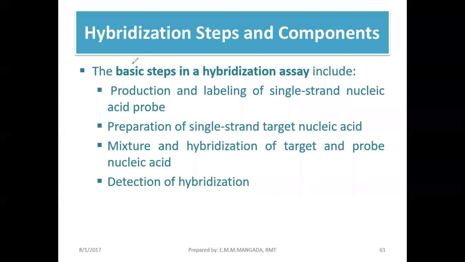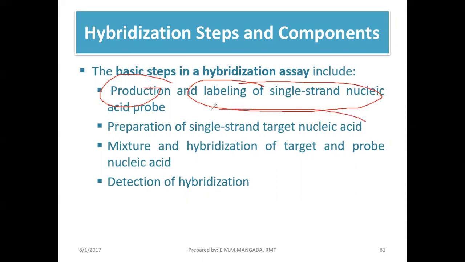Number one is the production and labeling of the single-strand nucleic acid probe. After that is the preparation of the single-strand target nucleic acid. This labeled single-strand nucleic acid probe is what we will use, guys, to detect our target nucleic acid.